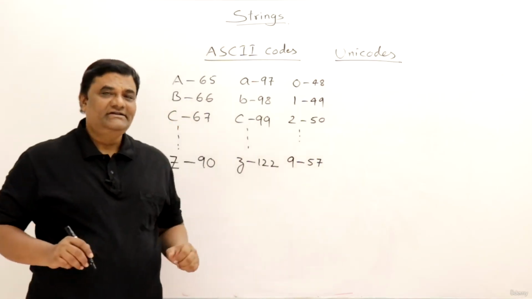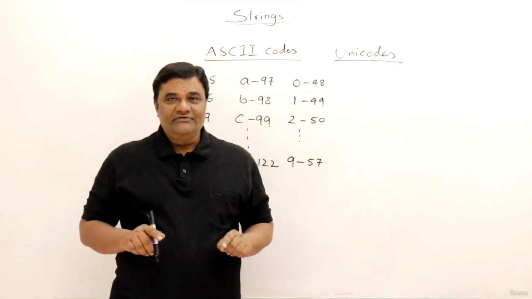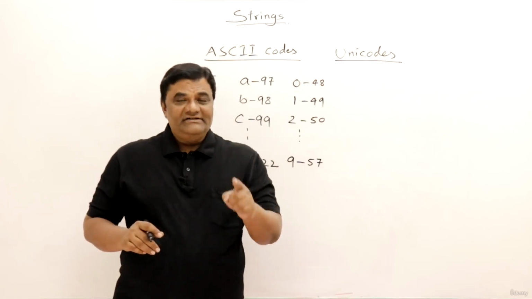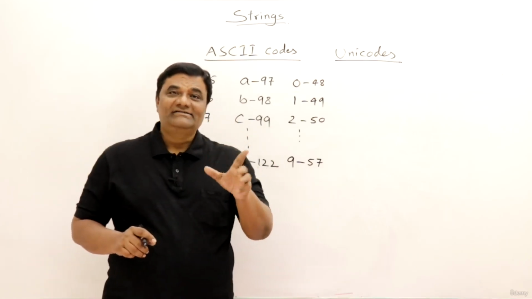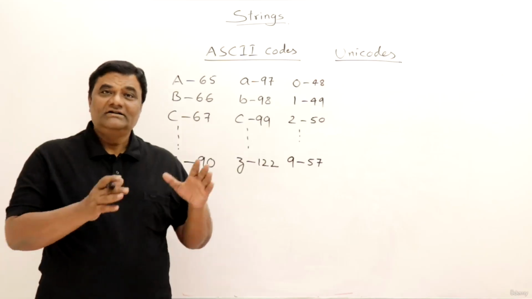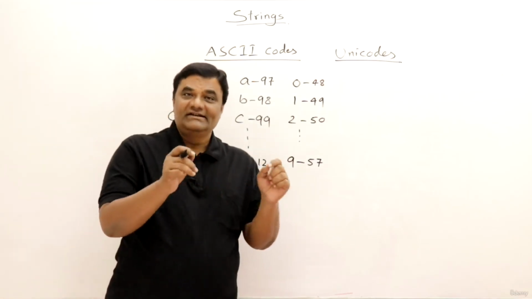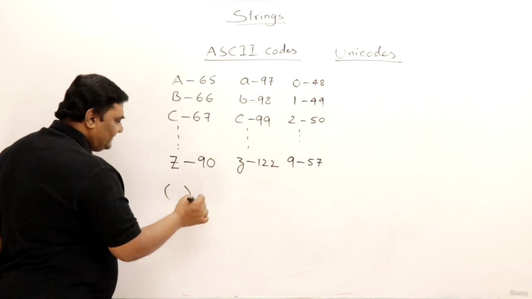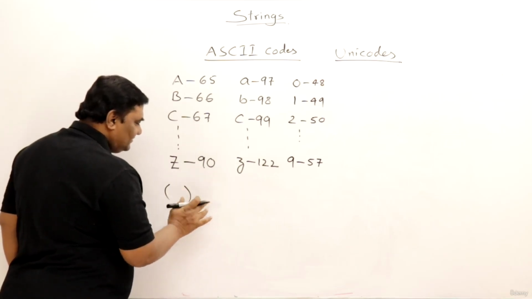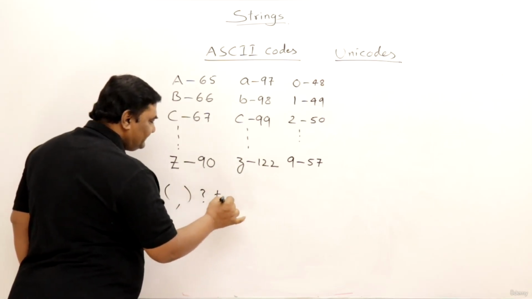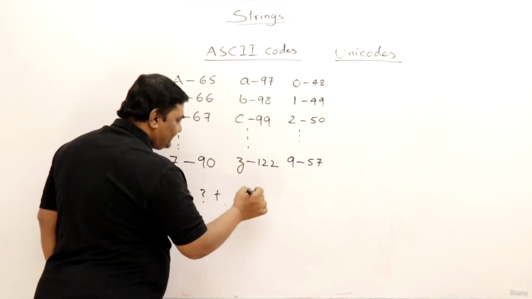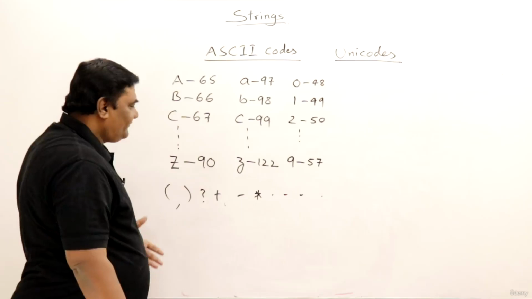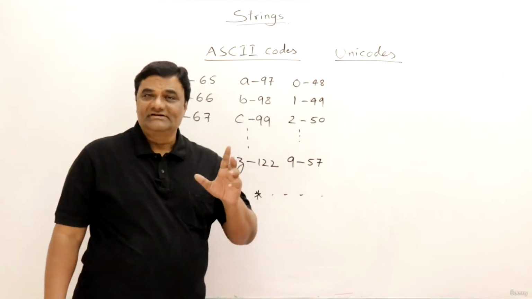Now basically if you see all the symbols that you find on the keyboard, that forms a character set, and for every symbol on the keyboard there is some ASCII code available. Now the other symbols remaining are special characters like opening bracket, closing bracket, comma, question mark, plus, minus and star, and so on. There are many special characters, so for special characters also codes are there.